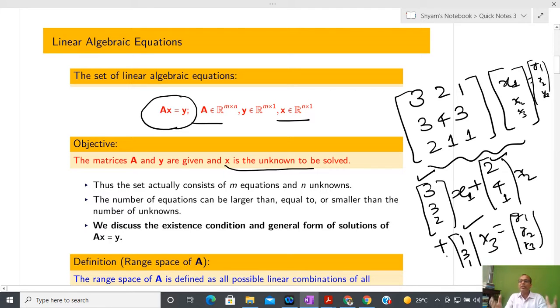I can select y1, y2 and y3 just by scaling those column vectors. So if by varying x1, x2 and x3 I get y1, y2 and y3, then I can say that y1, y2 and y3 is in the range space.